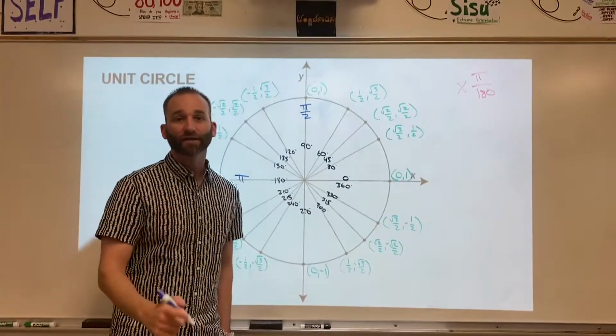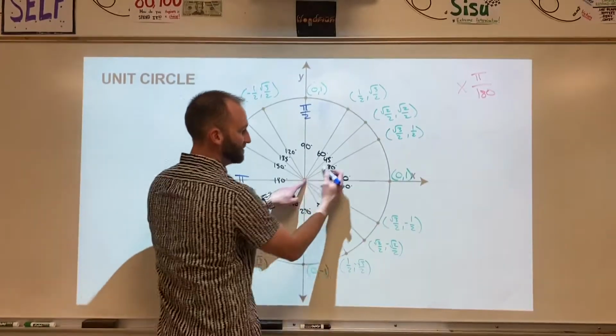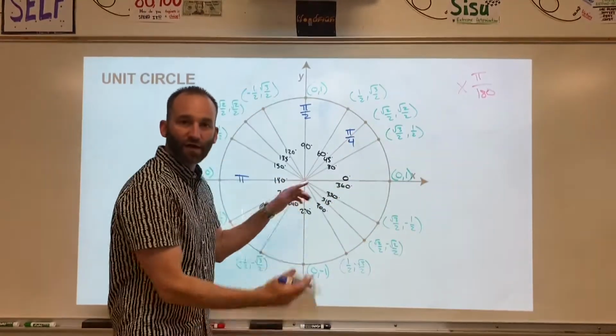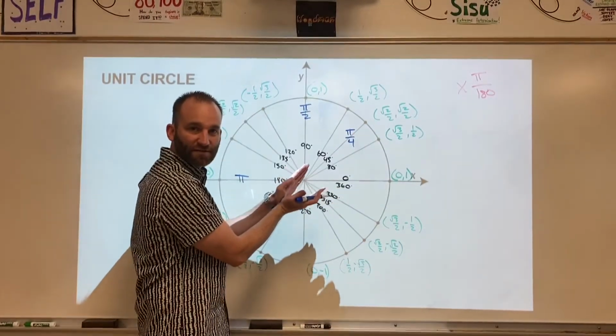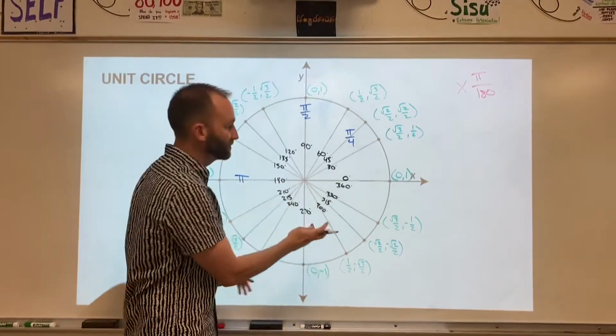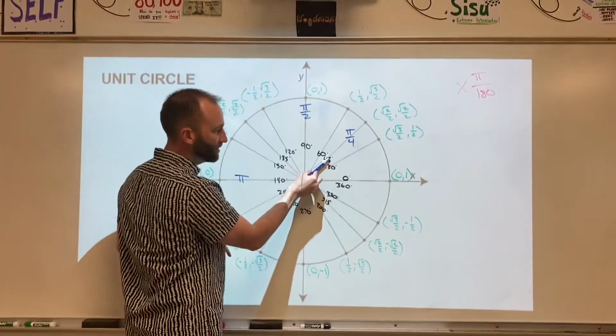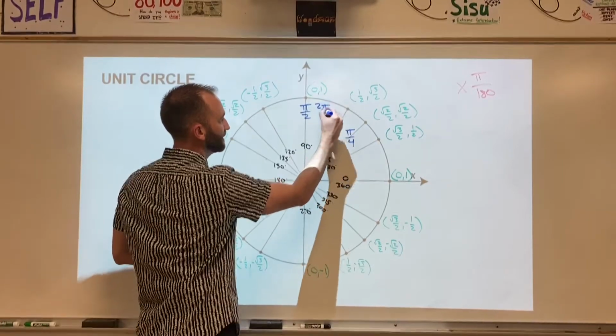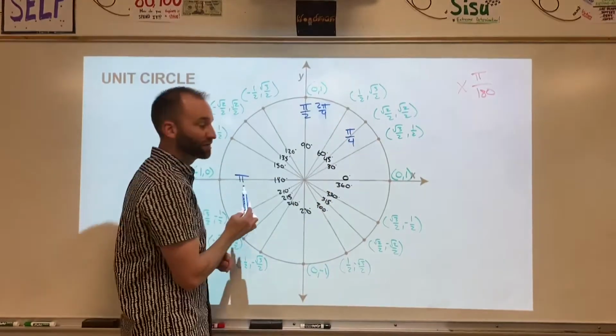Let's look at another angle, 45 degrees. In radians, 45 degrees is pi over 4. So every chunk of 45, every slice of pi is 1 pi over 4. So this is 1 pi over 4 here. I go another 45 degrees, that would be 2 pi over 4, but it was already reduced for me. Nice.